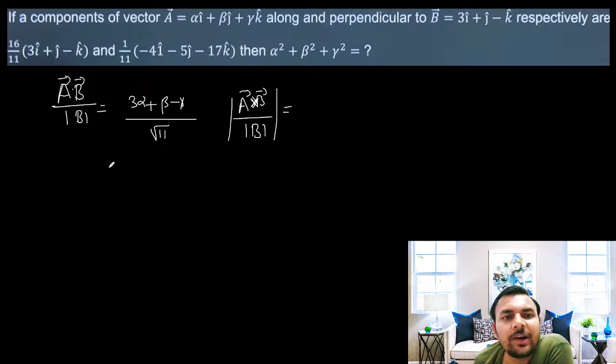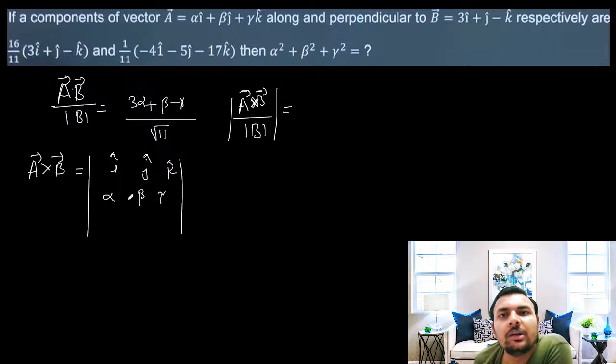So first we'll find A cross B. It is i, j, k; alpha, beta, gamma; and 3, 1, minus 1.